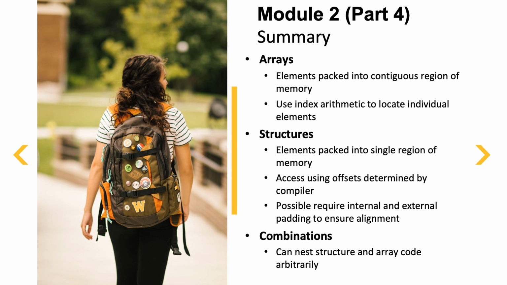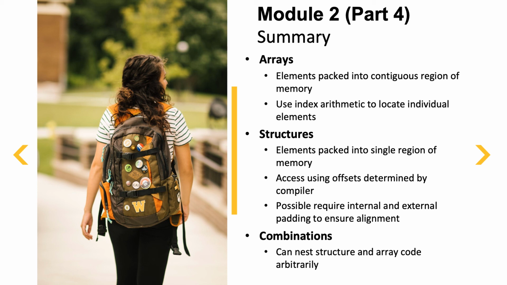Each individual element has to start at an address that's a multiple of its length. The overall structure that encompasses all of whatever elements you have inside that structure, you take the largest one, and the whole structure has to be a multiple of the length of the largest internal element, and it has to start at a memory address that's a multiple of the length of the largest internal element.